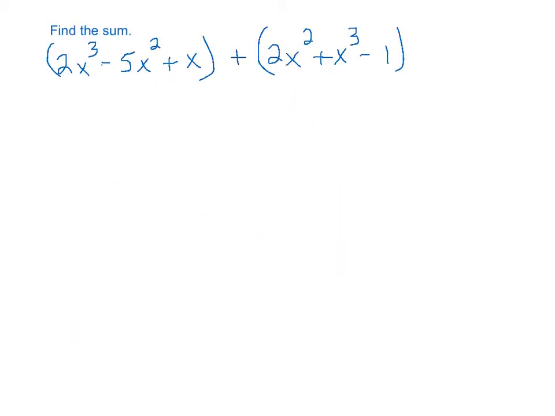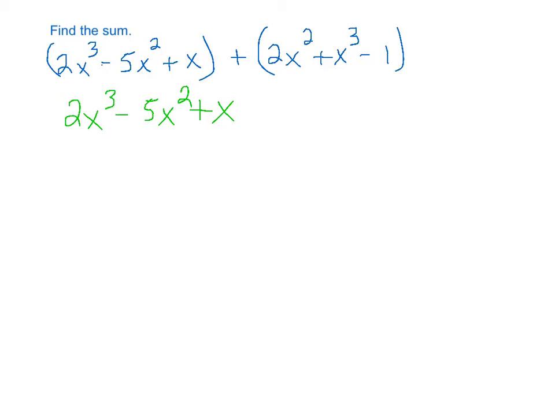Here we want to find the sum of two polynomials. Currently it is a horizontal arrangement. I want to change it so that it's vertical. So I'm just going to rewrite it. We've got 2x to the third minus 5x squared plus x. That's the first polynomial. The second polynomial, I'm going to write it so that the exponents match up on top of each other.